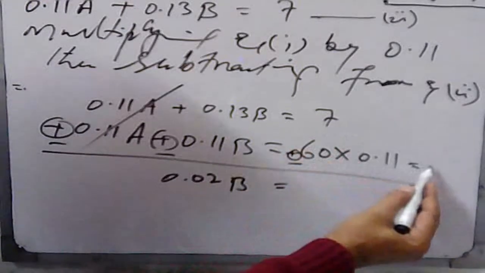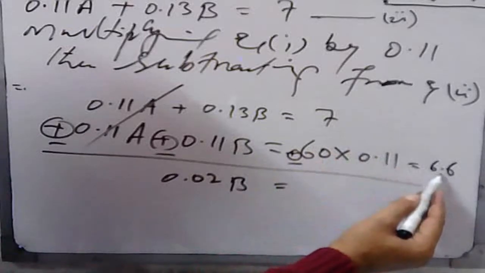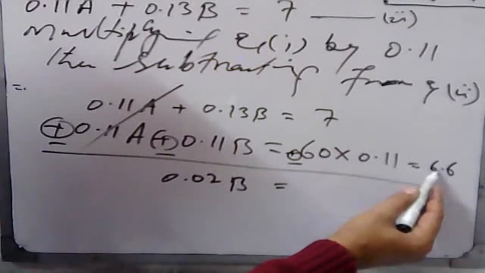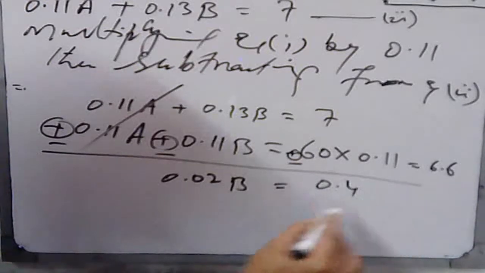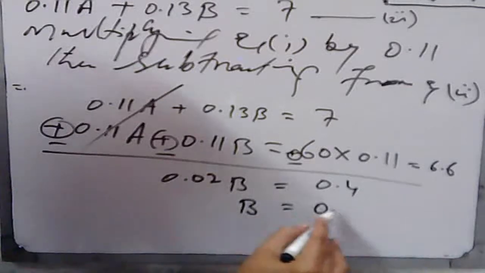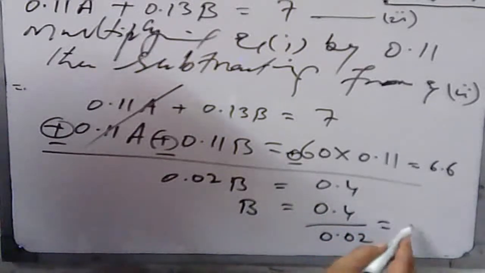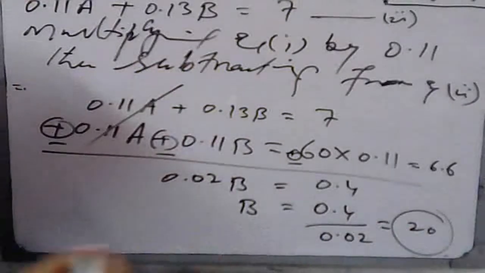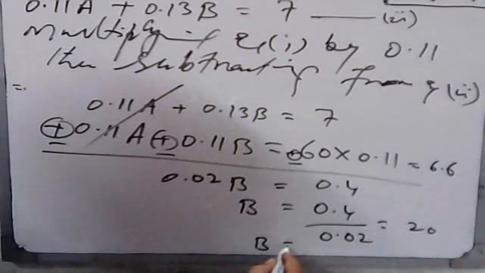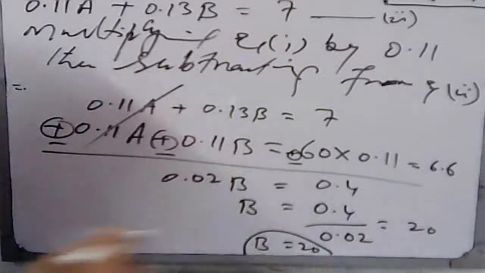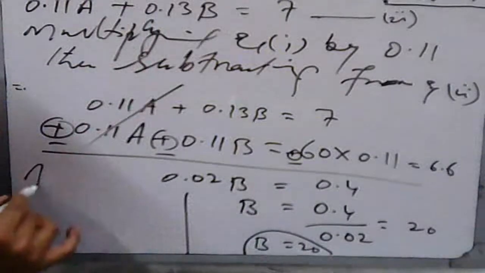So 7 subtracted with 6.6, you will get 0.4. So the value of b is 0.4 divided by 0.02, you will get 20. So the value of b is 20. Now what is the value of a? Put it in equation 1.